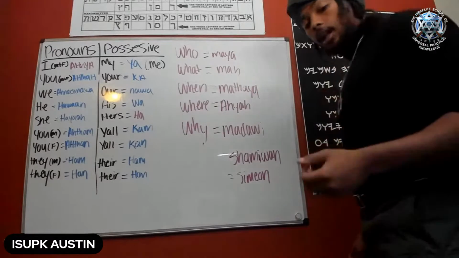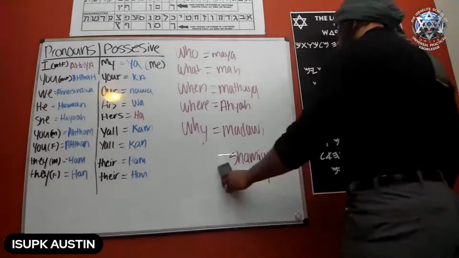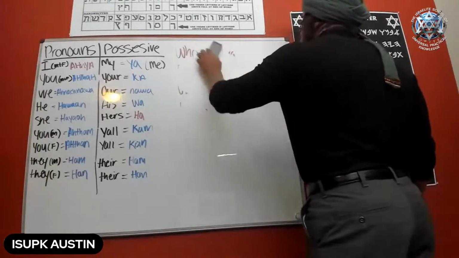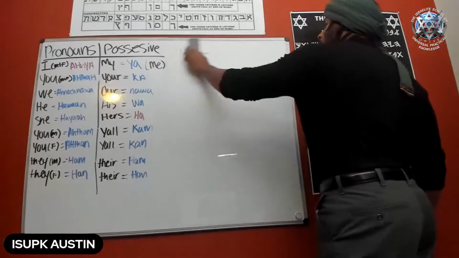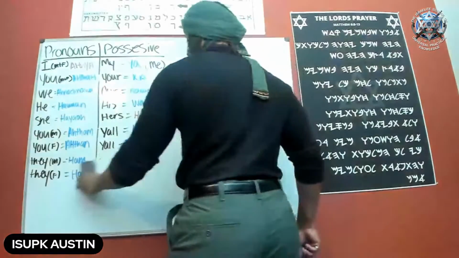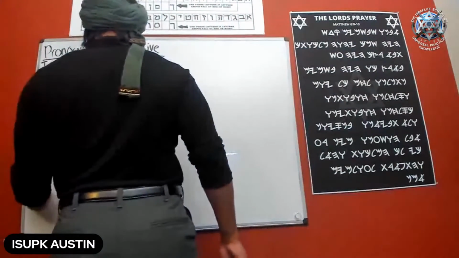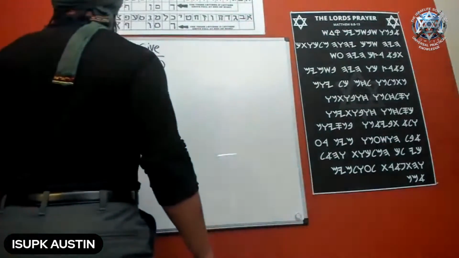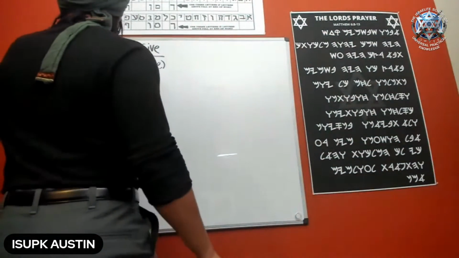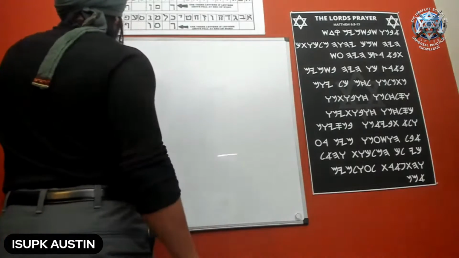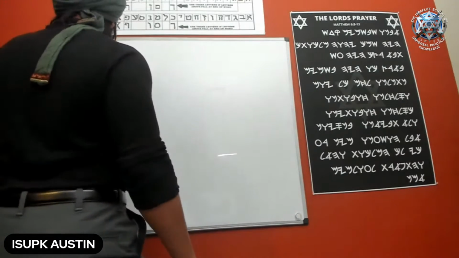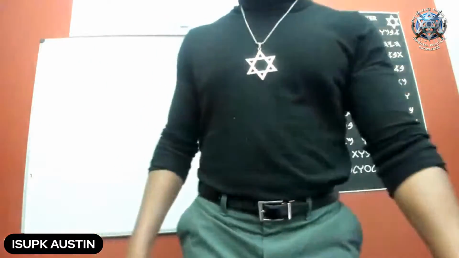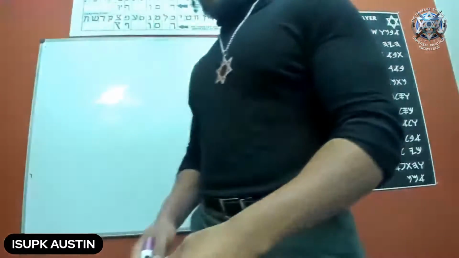All right, now we can get into the class. I'll erase all this on the board. So, again, like I said, we're just going to do a recap of them.